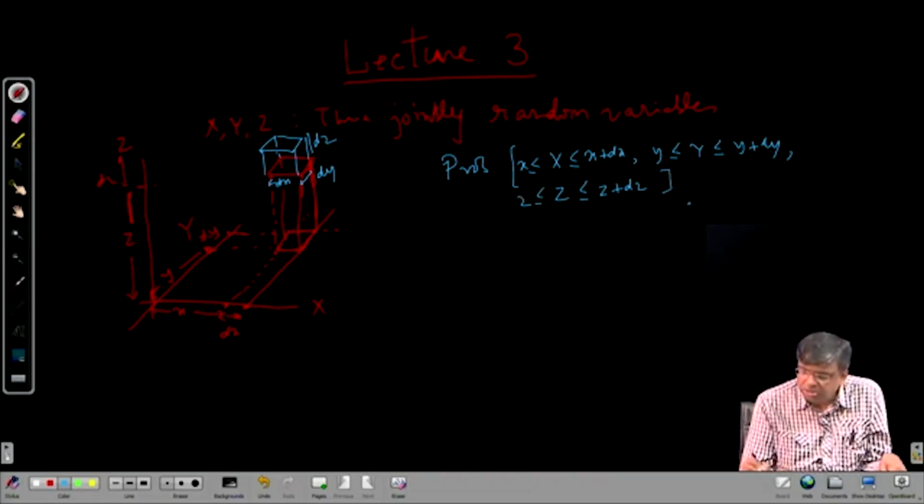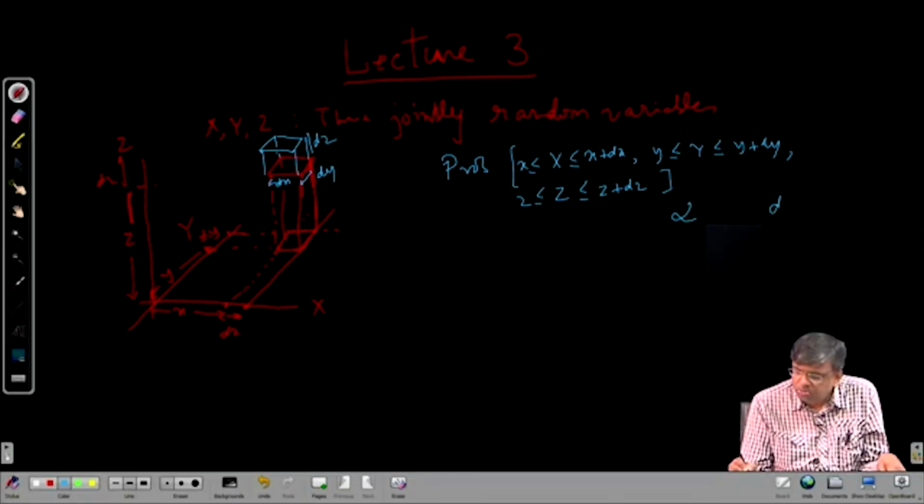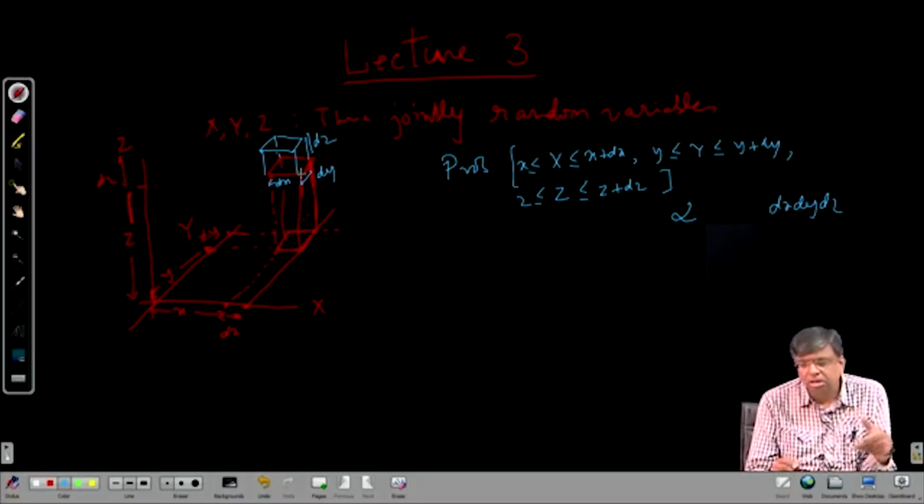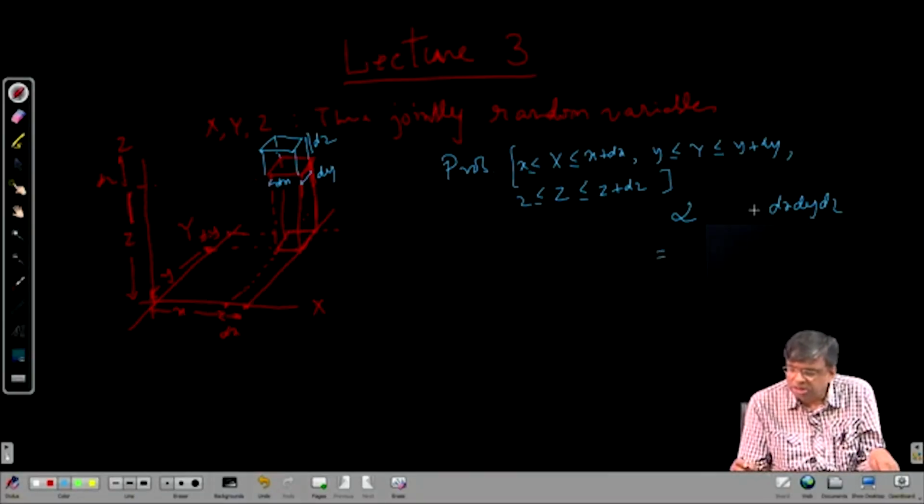This will be proportional to the volume. Larger the volume, higher will be the chances. Smaller the volume, less will be the chances. And if the widths dx, dy, dz each is very small, infinitely small, proportionality can be taken to be linear. So, it will be a proportionality constant p times dx, dy, dz.